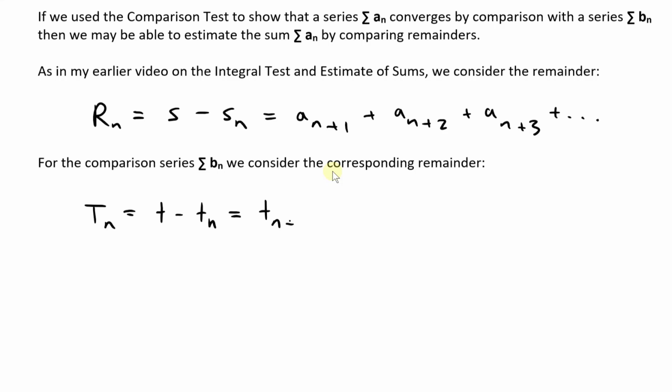So Tn plus 1, Bn, because remember B is the comparison one, and T is the total sum, Tn is the partial sum. For S, it is the total sum, and Sn is the partial sum of the An terms. This is going to be plus Bn plus 2 plus Bn plus 3, and so on, like that.